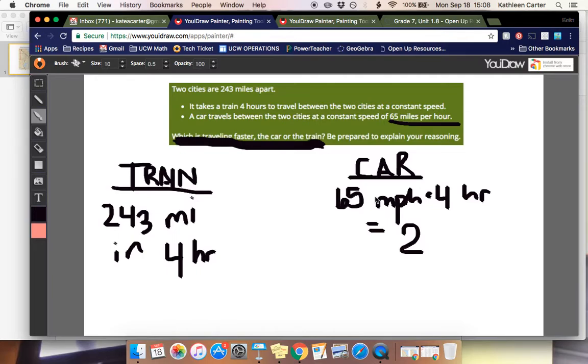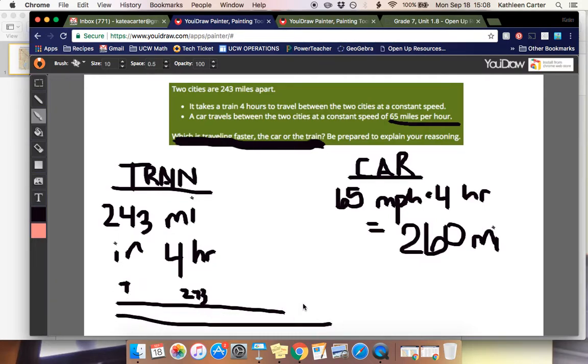Let's see, 60 times 4 would be 240, 5 times 4 is 20, yep, 260 miles. So in 4 hours, the train can go 243 miles, and the car can go 260 miles. That tells me that the car can travel faster because in the same amount of time, it's able to go farther.